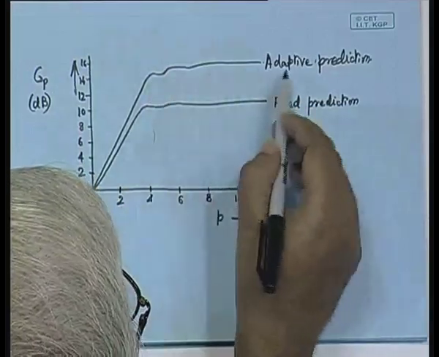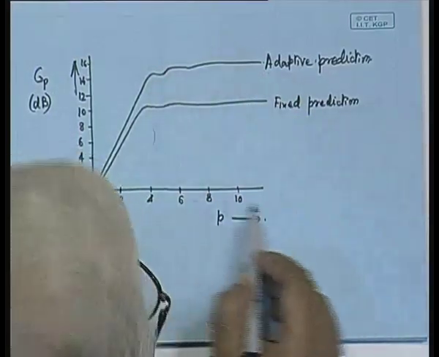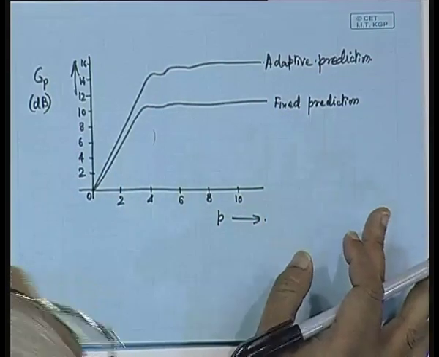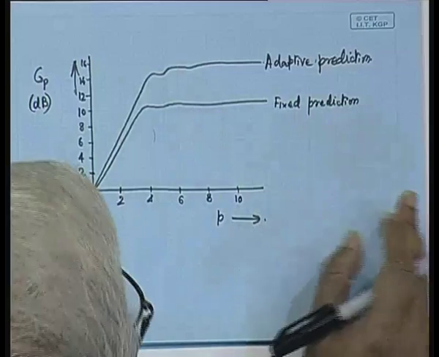So, there is not much change in gain beyond that. That is why we need not complicate our circuitry by having very high order predictors.